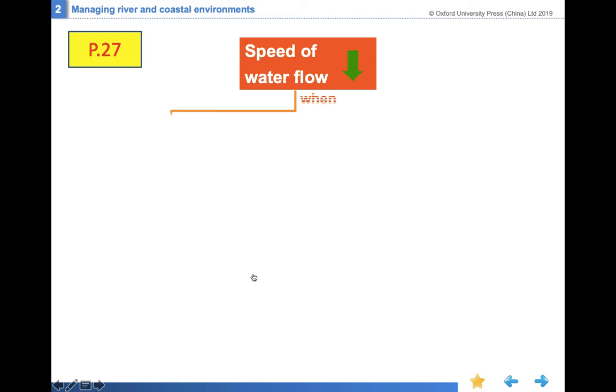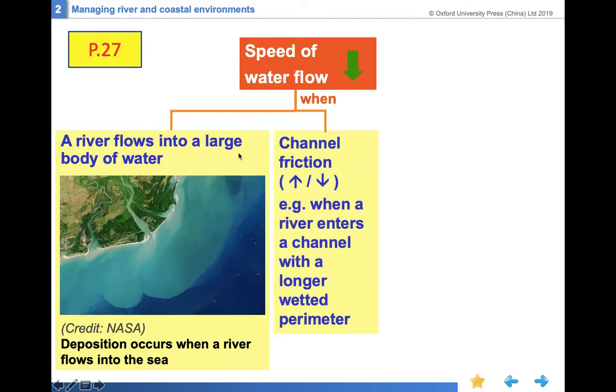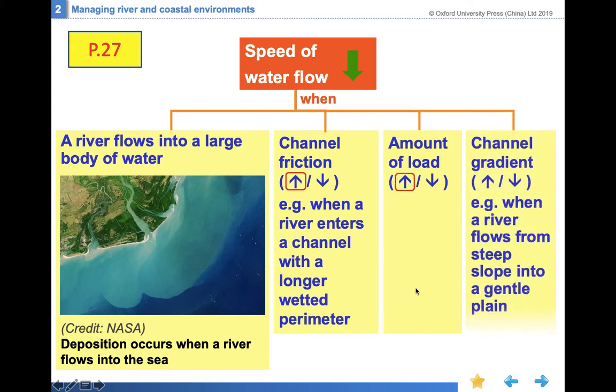As for the speed of the water, it reduces when the river enters a large body of water, for example at the river mouth, or when channel friction is increased, such as when the river enters a channel with a longer wetted perimeter, or the amount of load is increased.